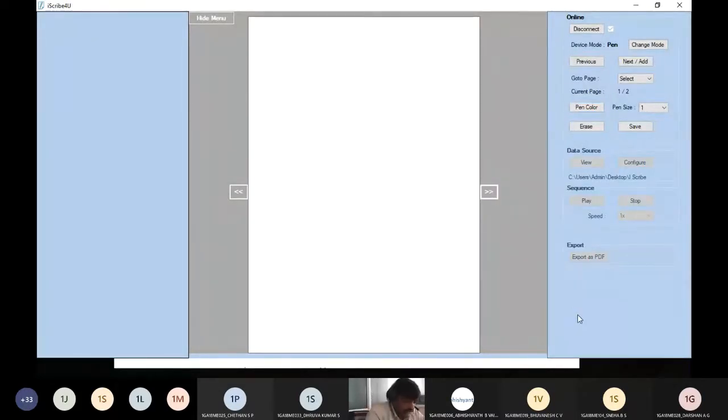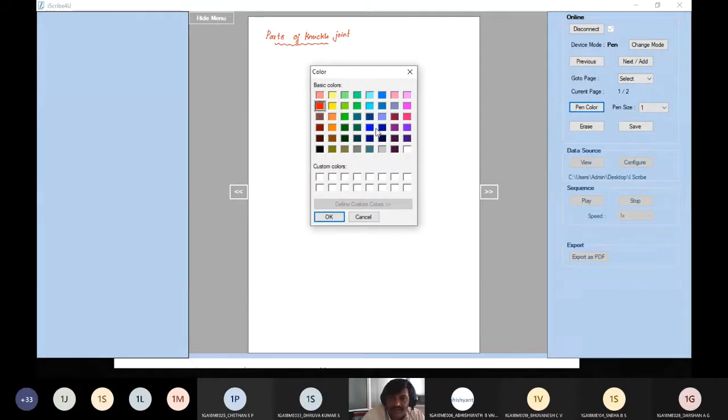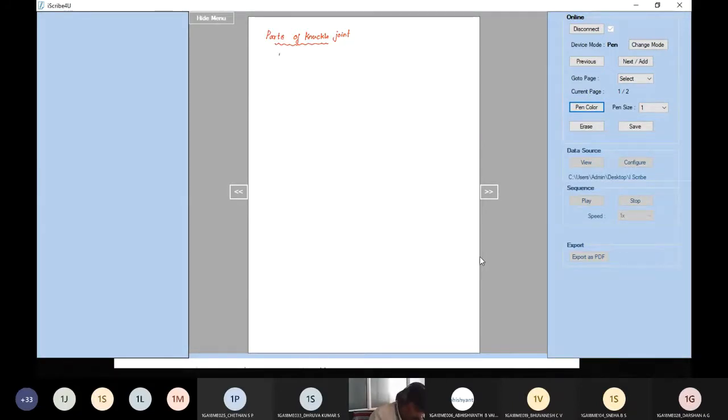Let me start. What are the different parts of a knuckle joint? We have three parts. First one we call fork, second one we call eye, and third one we call pin.